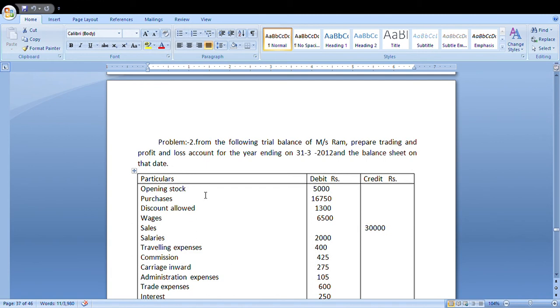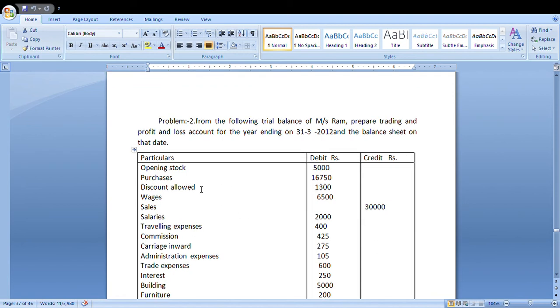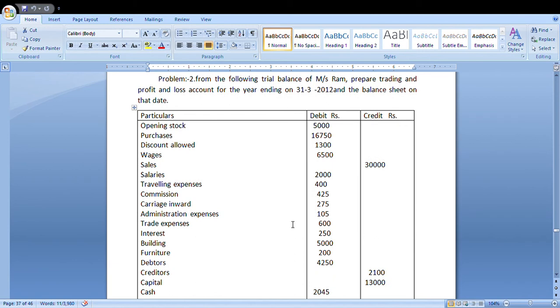Opening stock. This also already enters the trading account. This is not an asset. Purchases enter the trading account. Discount allowed enters the trading account. Wages enter the trading account. Sales enter the trading account. Salaries enter the profit and loss account.